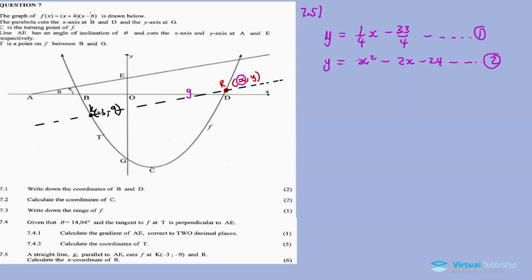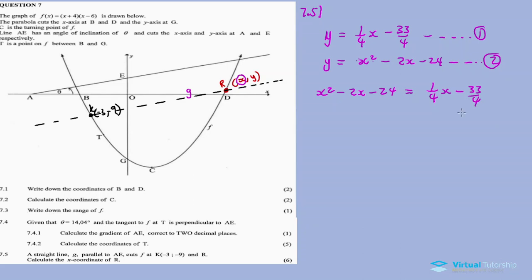Remember, multiply out your brackets later in this equation, so I can solve simultaneously. So this equation is equal to that: x squared minus 2x minus 24 equal to 1 over 4 x minus 33 over 4.